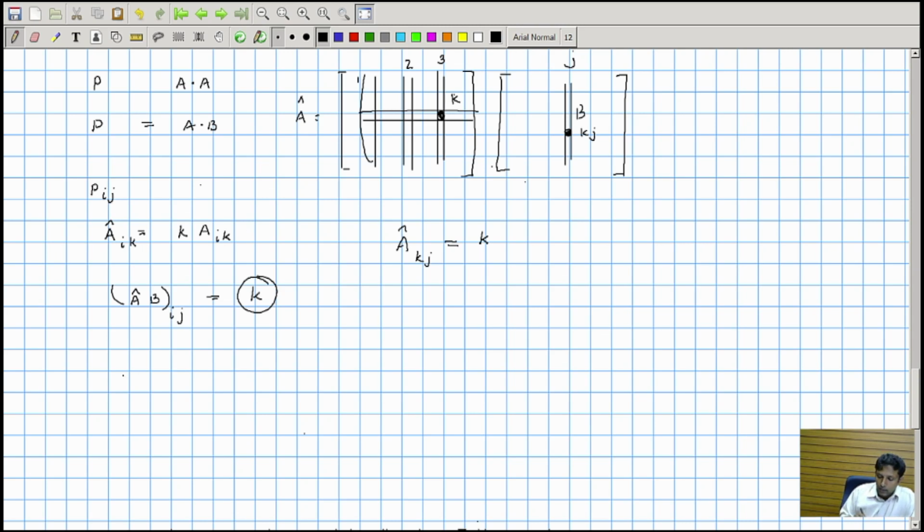So if you take W equal to A tilde times B, this W will be a witness matrix. So we'll write it as a fact: A tilde B will be a witness matrix if the witnesses are unique.